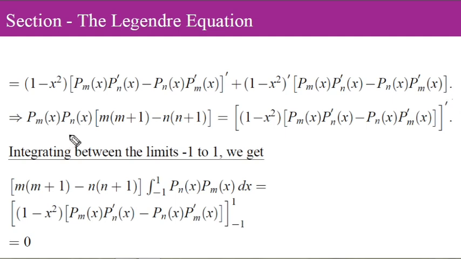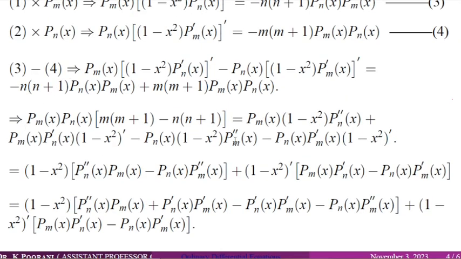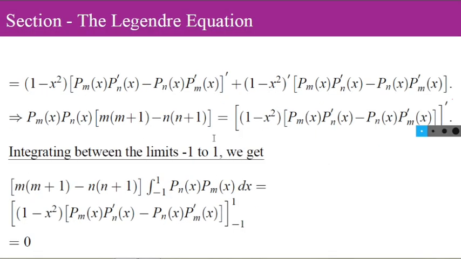So next step, we know that the left term we have is pm of x into pn of x whole bracket, into m into m plus 1 minus n into n plus 1. In the right hand side we have 1 minus x square, this and this. Check, these two are equal.